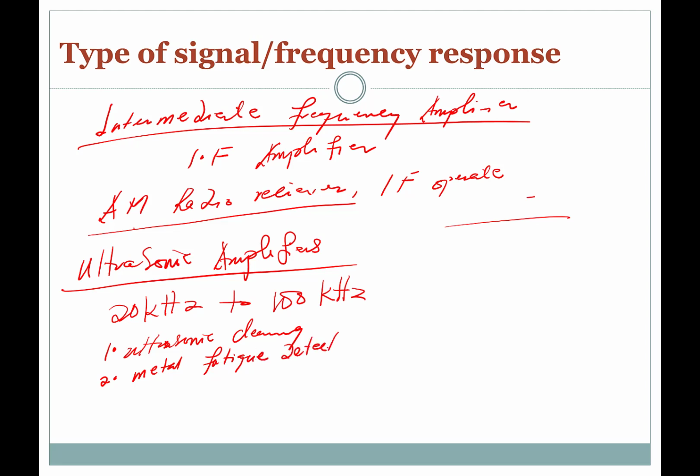When we say metal fatigue detection, what we're talking about is basically when the metal is stressed or when the metal gets weak. And then they are also used for ultrascan. Remote control systems also use ultrasonic amplifiers. So the fourth application would be remote control.